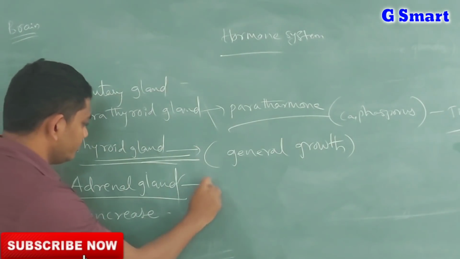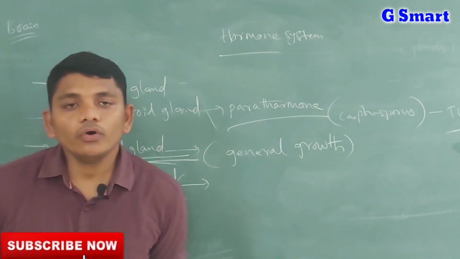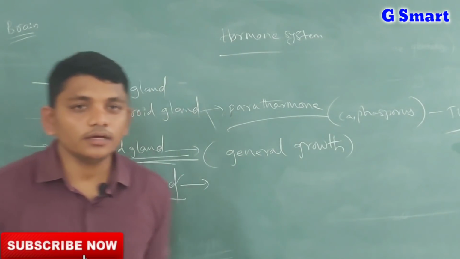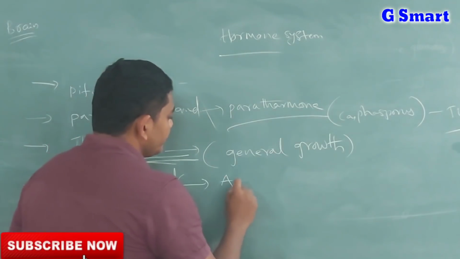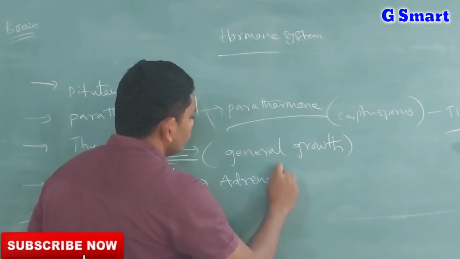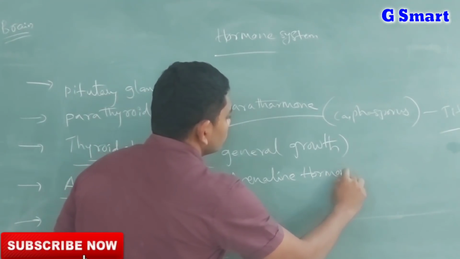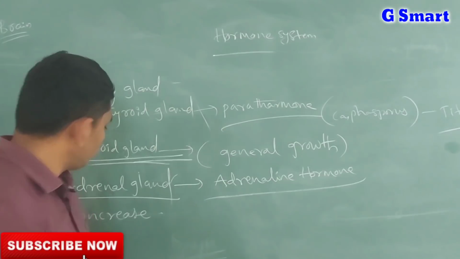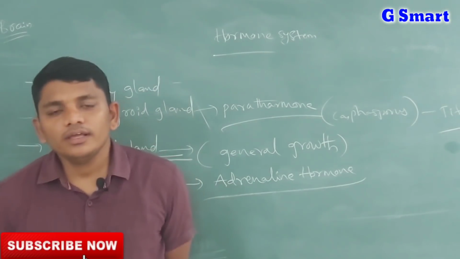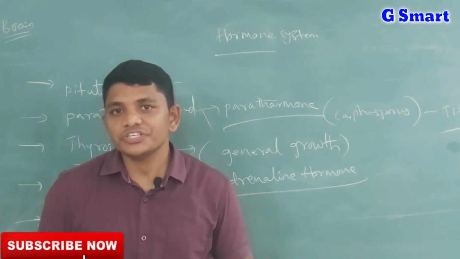Now the adrenal gland. You know, the adrenal gland releases the adrenaline hormone. This hormone is generally released in certain situations.